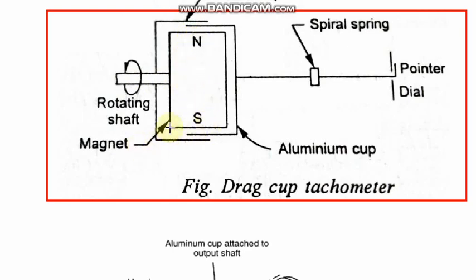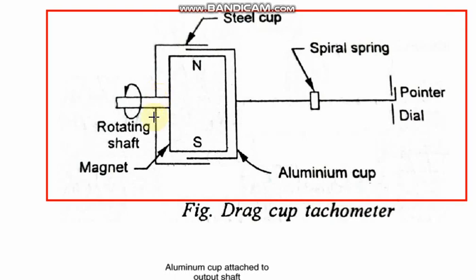It may be a permanent magnet or an electromagnet. Since the magnet is connected with the rotating shaft, whenever the shaft moves, the magnet also moves. And this is a steel cup attached with the shaft.